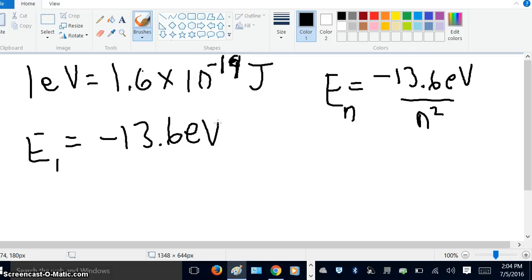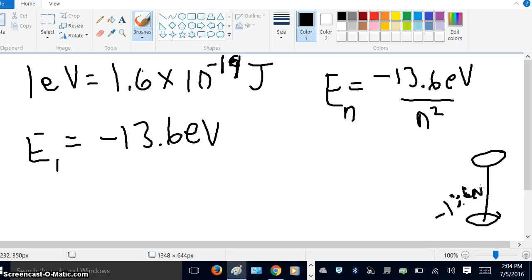By the way, the negative here is not because the electron is negative in charge. It has nothing to do with charge. The negative is more about the electron being in a well. It's already below the surface. If you have the surface of the well and you want to get out of the well, this would be the bottom of the well at negative 13.6 electron volts.